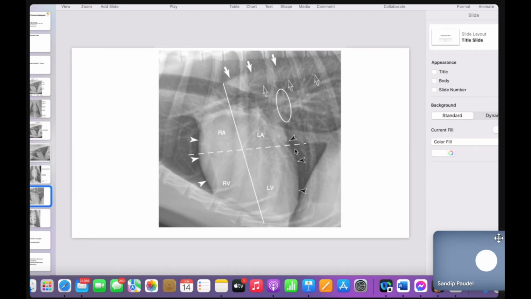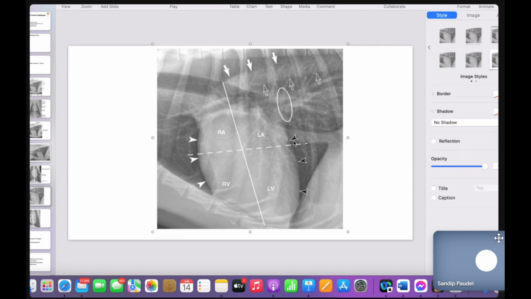Now let's understand the heart and how it looks. If we take an X-ray of the lung in lateral projection, this will be the chamber positioning: right atrium, right ventricle, left ventricle, and this is the aorta, this is the caudal vena cava. We can clearly see. I hope it's visible.